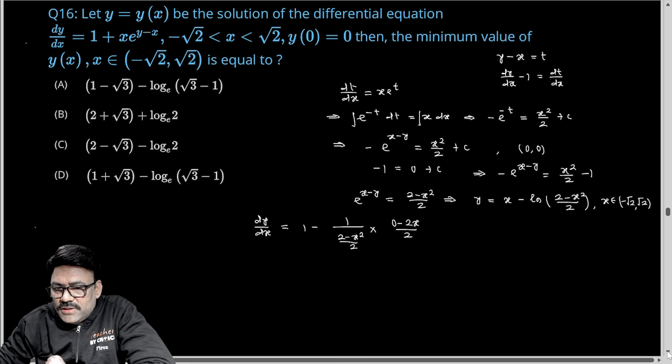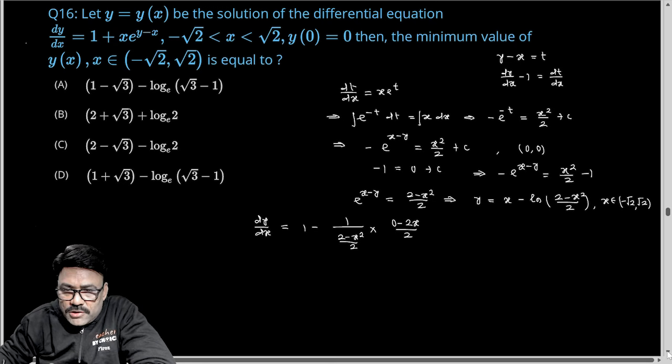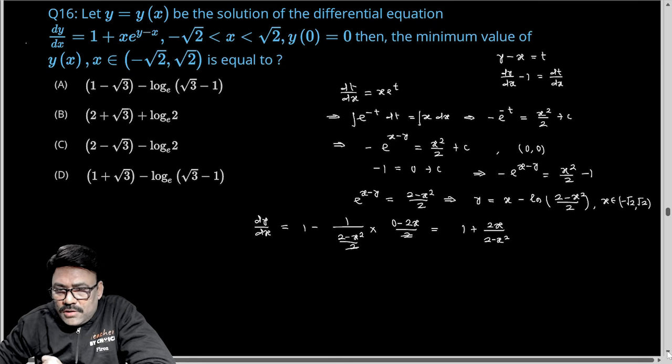So the 2 and 2 cancel, and you are getting 1 plus 2x over (2 minus x square). If you put this equal to 0.